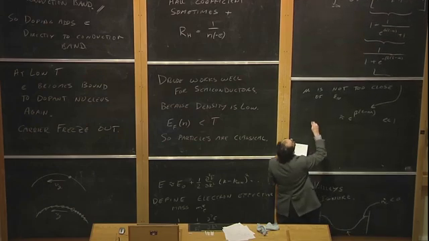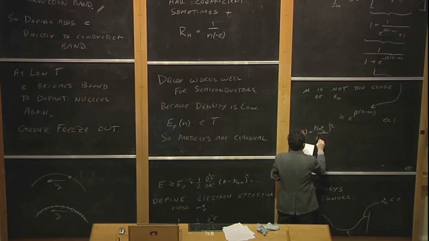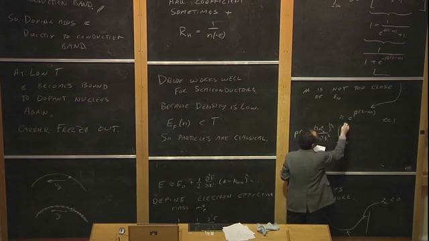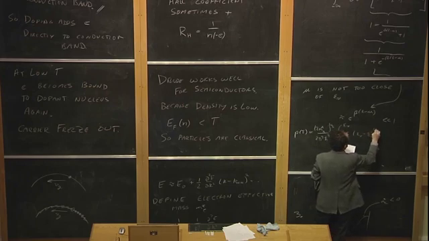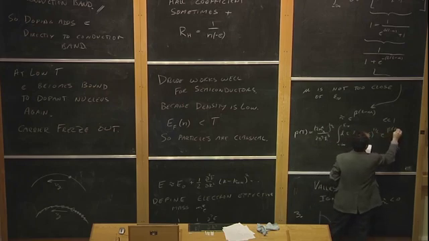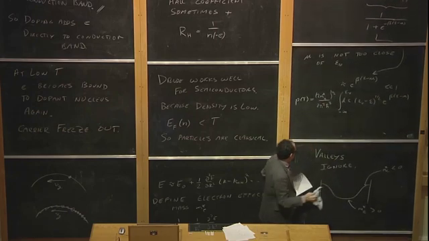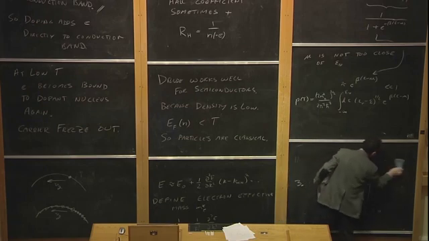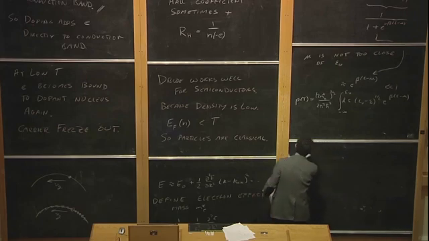So plugging in the expression for the density of states in the valence band, we get (2 m star) to the 3/2 over 2 pi squared h bar cubed, integral dE from minus infinity to E_V, (E_V minus E) to the 1/2, e to the beta (epsilon minus mu). And exactly the same manipulations, with maybe a couple minus signs put in various places. I think you're supposed to do it for homework, so maybe I won't go through it.